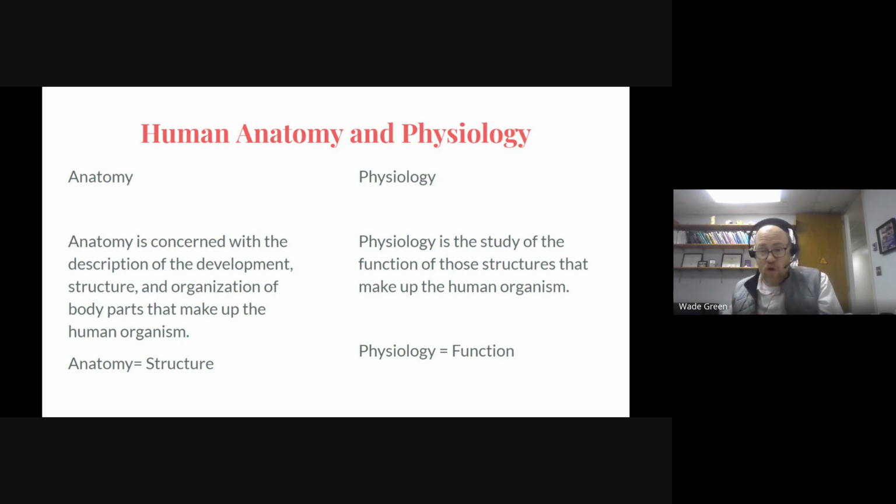I'm describing the structure of the heart. Whereas if I wanted to talk to you about stroke volume, potentially ejection fraction, those types of things, and describe the actual function of the organ itself through propagation of, obviously, sinus rhythm, action potential, so on and so forth, then we're talking about physiology, or function. So anatomy equals structure, and physiology equals function.